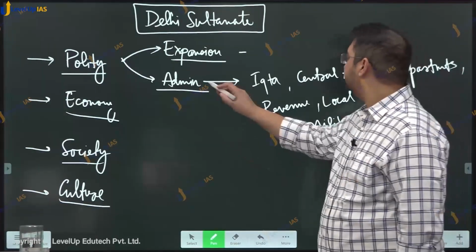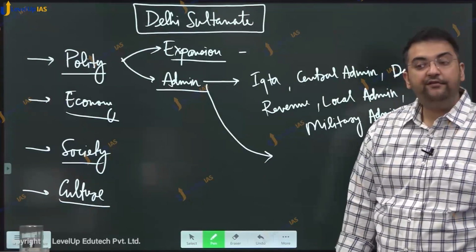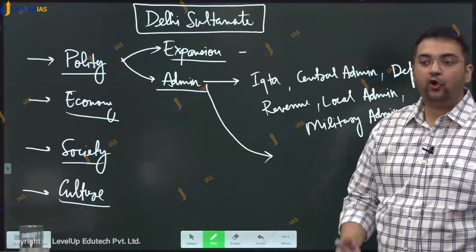Apart from this, under successive sultans, they came up with varying ideologies of kingship.